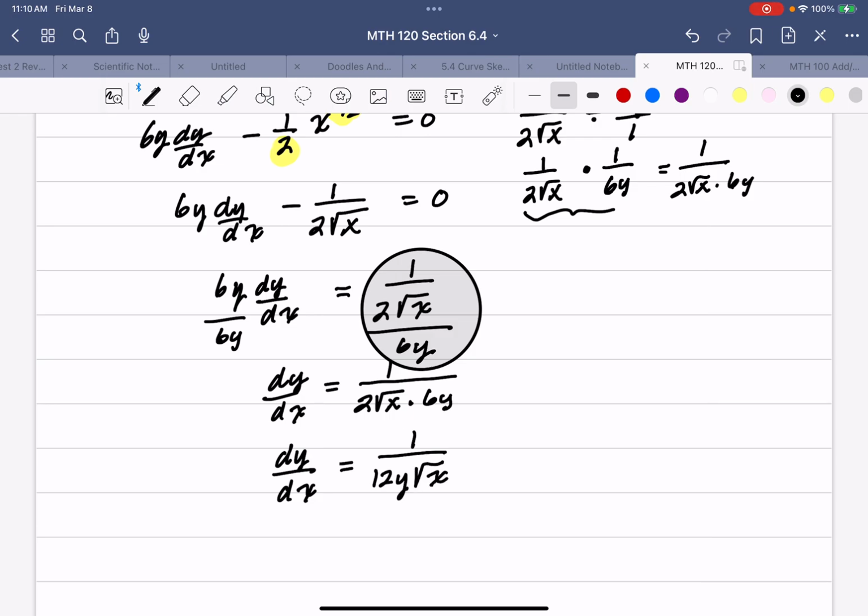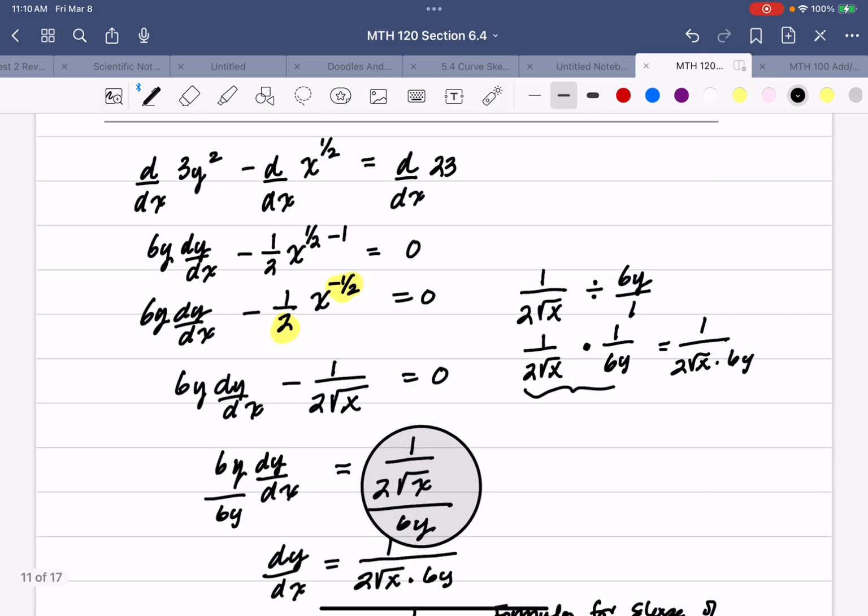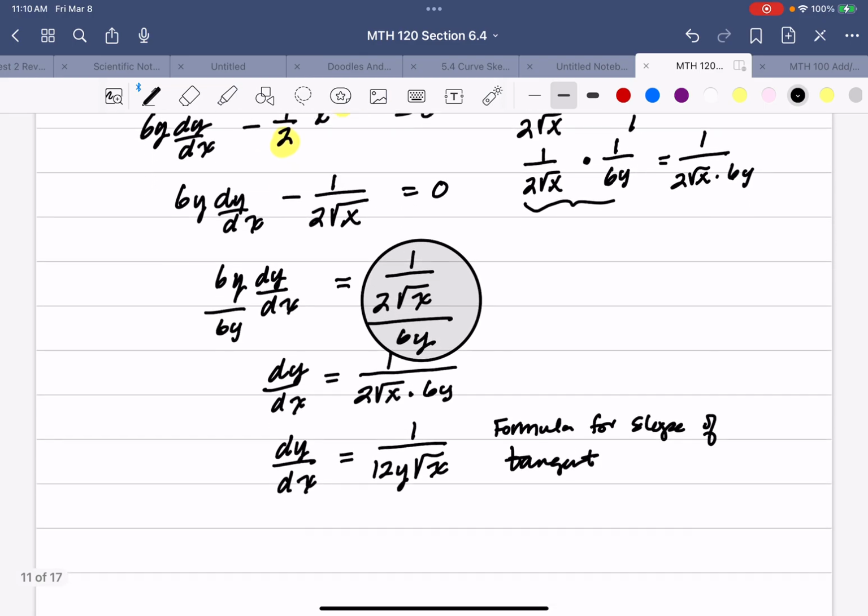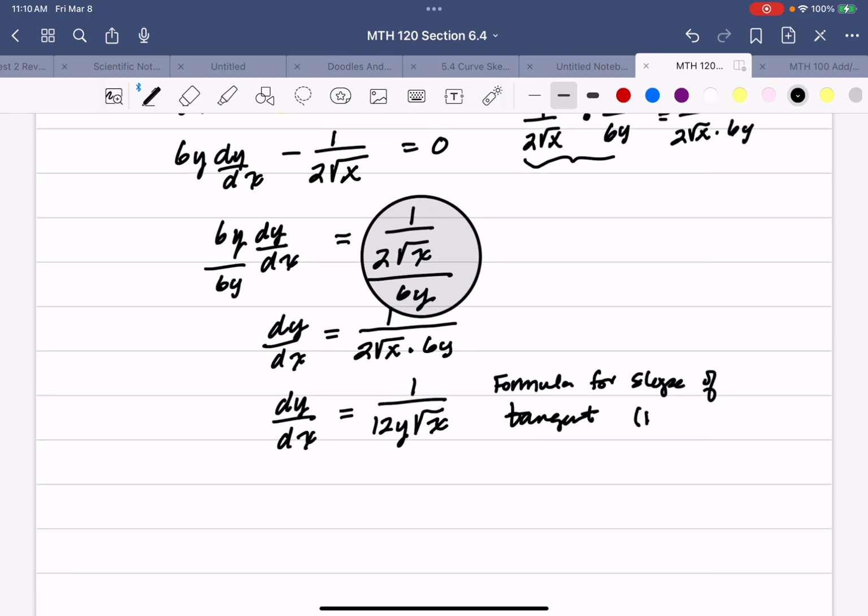Now you can put the y in the back, but you have to make sure it's not inside the square root. Now this is the formula for the slope of the tangent. And we need to evaluate that at the given point, which was (16, 3). So we'll put in a 16 for the x and a 3 for the y.